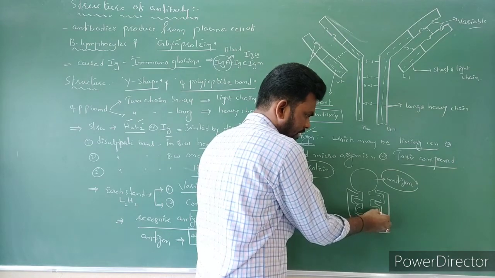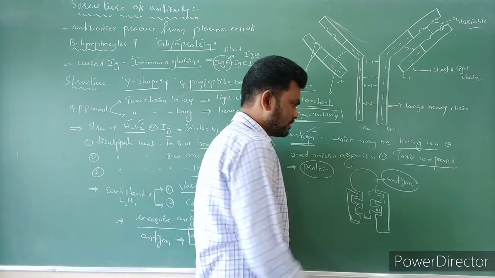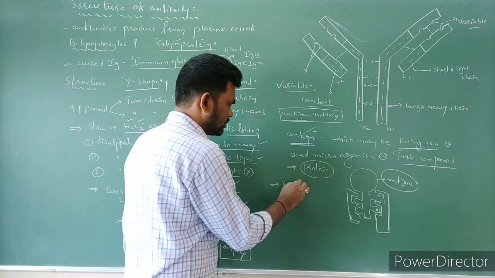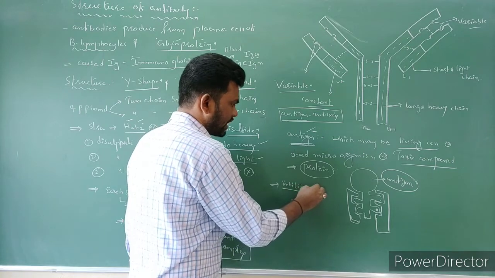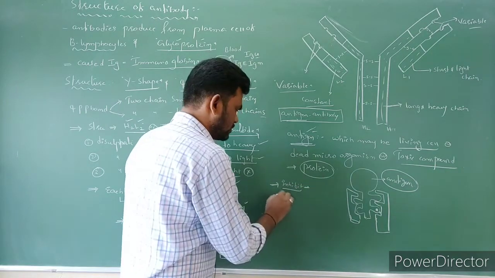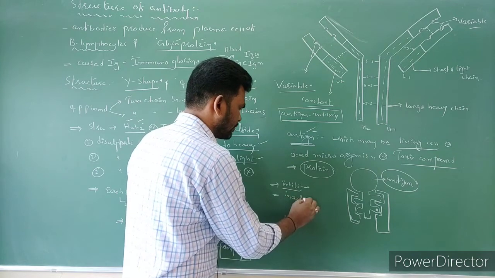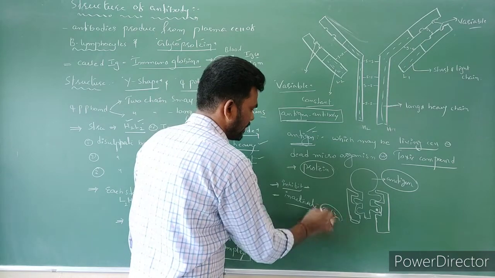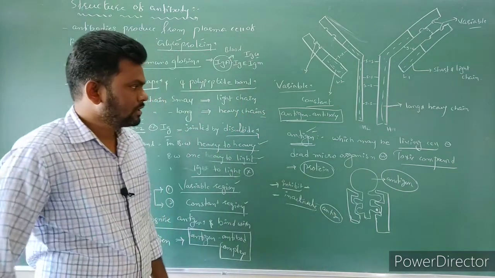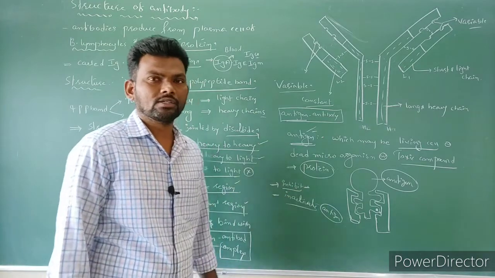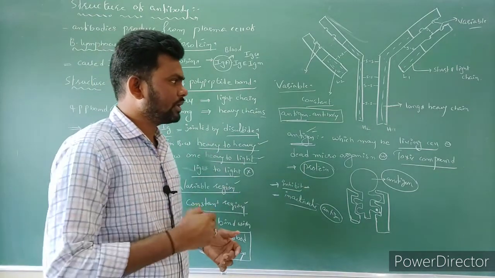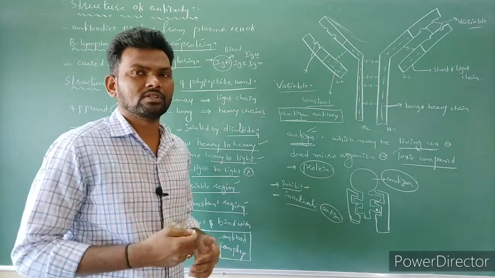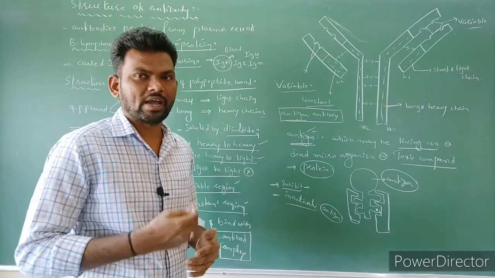This antigen is going to bind at the variable sites. Then gradually the antibodies are going to inhibit the replication of such organisms, or inactivate such an antigen molecule, right? So this is the interaction between antigen and antibody. Gradually antigens are trapped by antibody, and the person gradually recovers from the pathogen's effect.